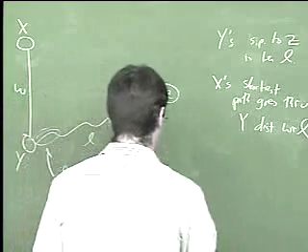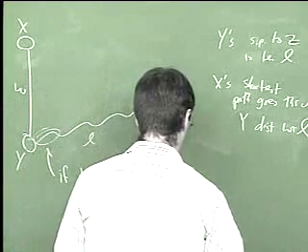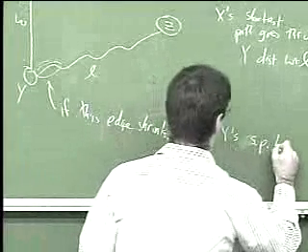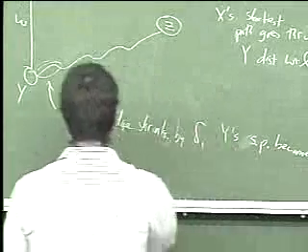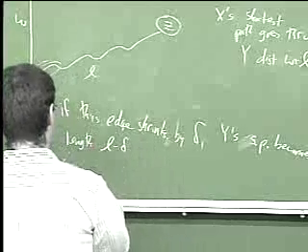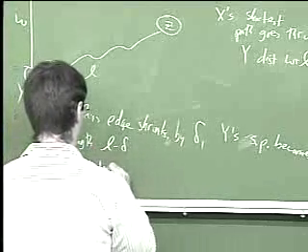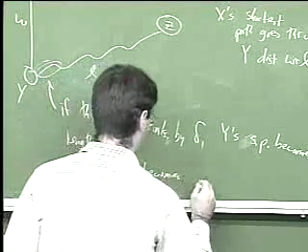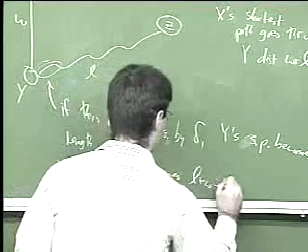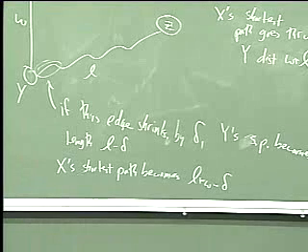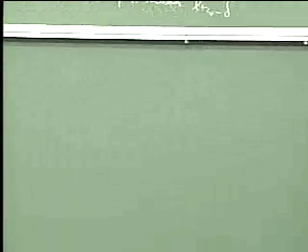If this edge shrinks by delta, Y's shortest path becomes length L minus delta, right? And X's shortest path becomes L plus W minus delta. And everybody's still happy. Okay, it's the shorter path that's not really the interesting case. It's going to be when the edge length gets longer. That's going to be interesting.